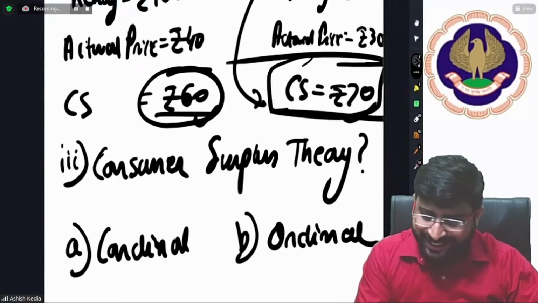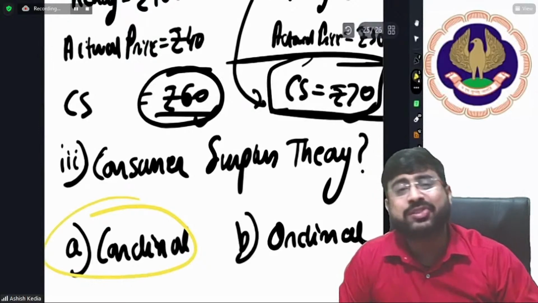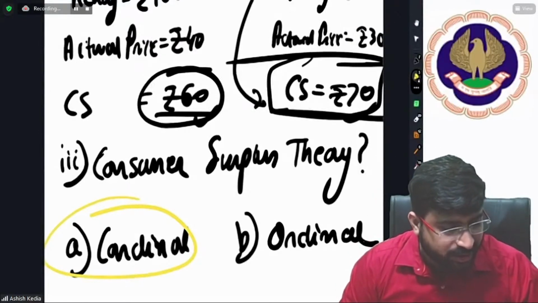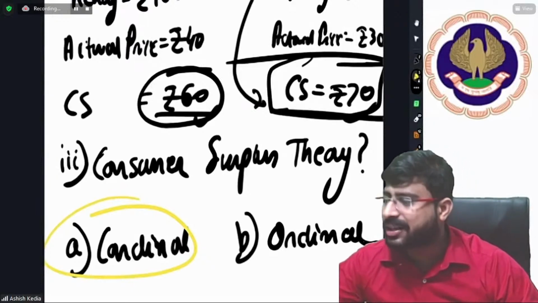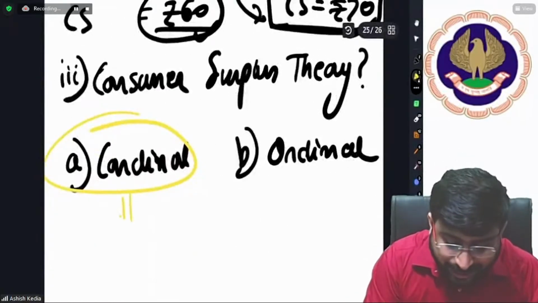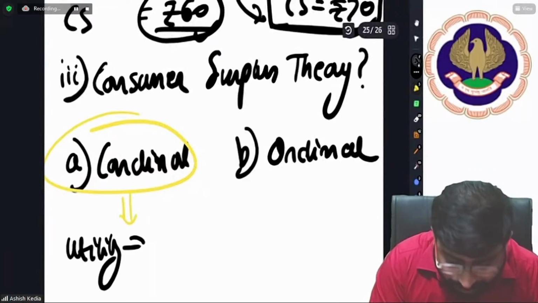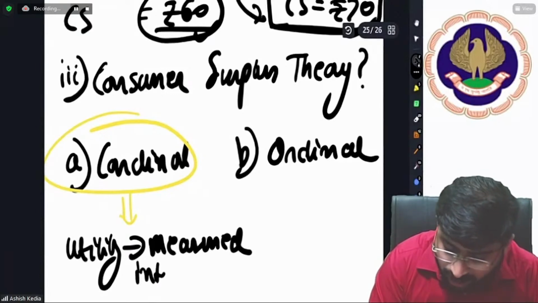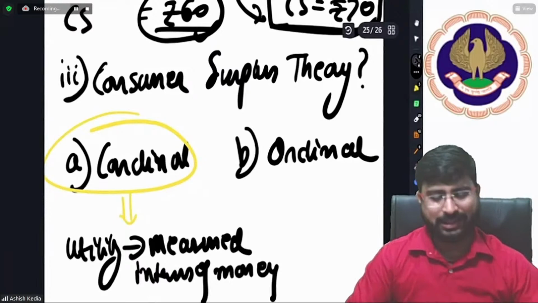Yes, friends, you are correct. This concept is working under the cardinal world, where we assume that utility can be measured in terms of money.